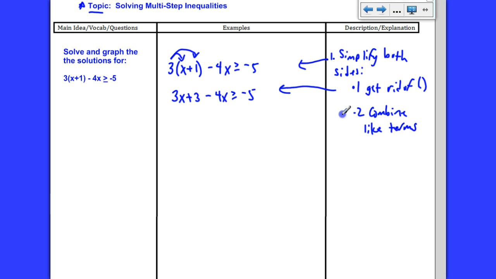Now at this point, notice that this term and this term both have an x. This 3 does not have an x, therefore I can combine the 3x minus the 4x, or as I prefer to do, I prefer to think of that as plus -4, just because I find that students make more accurate computations when they think in terms of addition. So I can add 3x to -4x and get -1x.